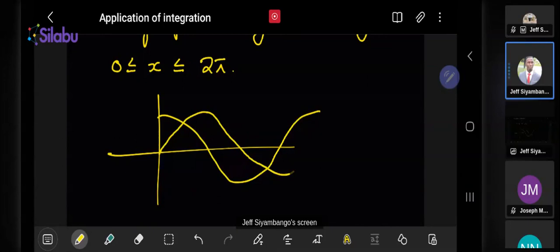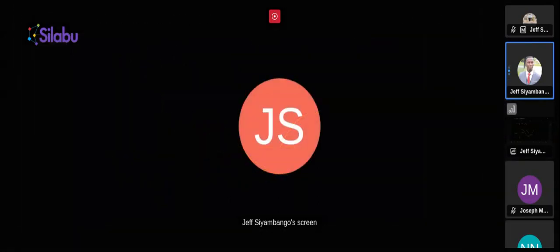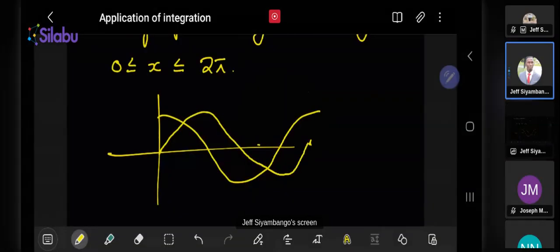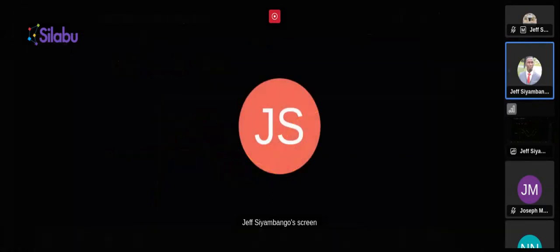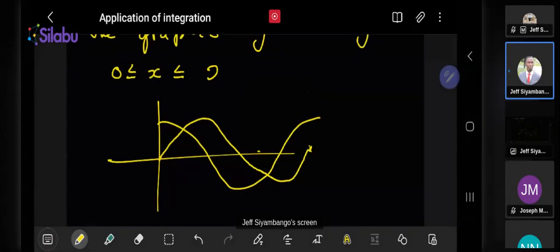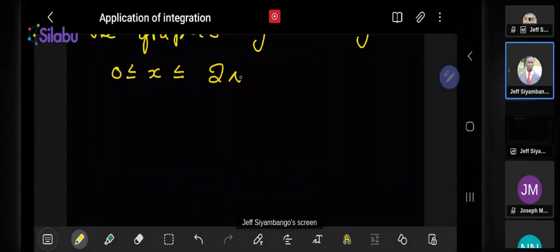So 2 pi elapses. So let me just take it out to 6. So 7. Even 360, I think 360 would have also worked. Even 360 would still give you the same solution to 2 pi.